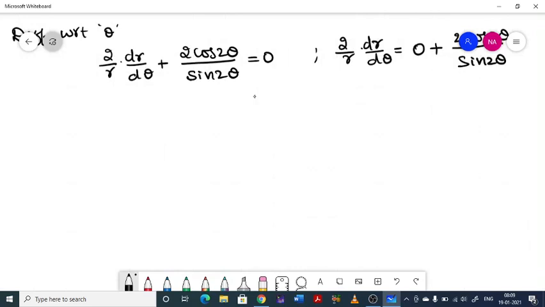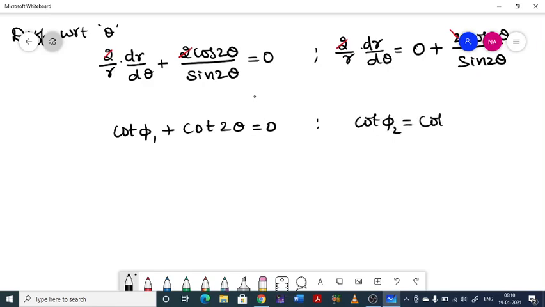So we can divide throughout by 2 so that this will be cancelled. Here also divide both sides by 2, so this 2 will be cancelled. Now cot phi 1 plus, okay, this will be cot 2 theta equal to 0, and this side cot phi 2 equal to cot 2 theta.